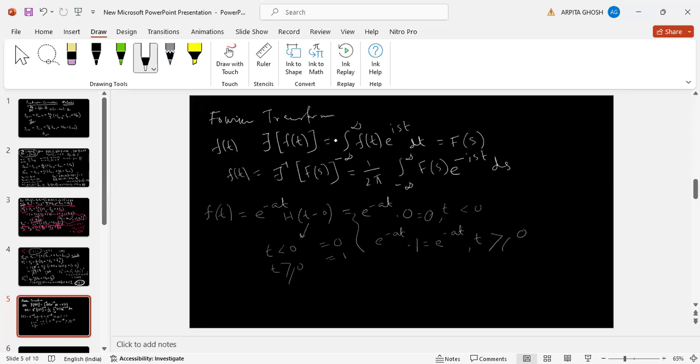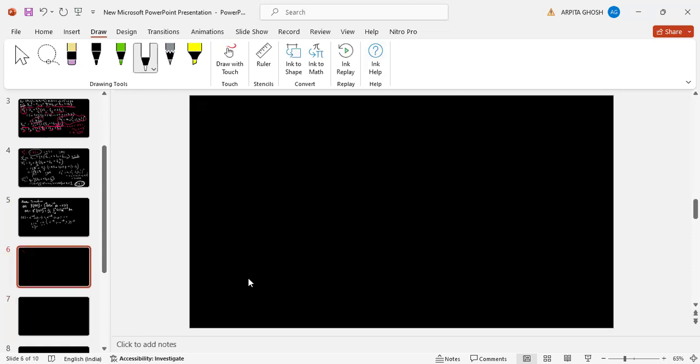We are going to find the Fourier transform of this function.